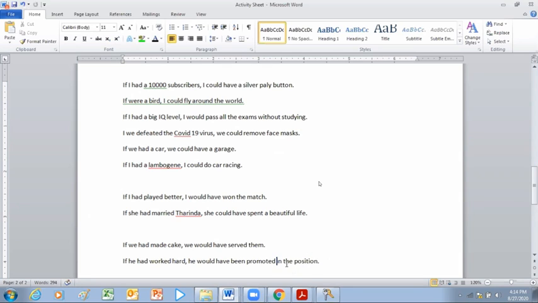We don't need to say by the boss, because who does it isn't important. So he would have been promoted in the position. Highlight your sentence, and after the lecture go back to your passive voice lesson and see.